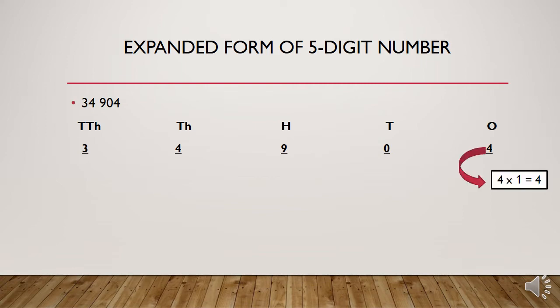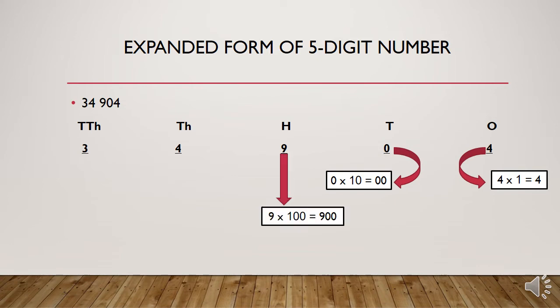For the ones column, 4 is placed there, so 4 multiplied by 1 gives us 4. 0 lies in the tens column, so 0 multiplied by 10 gives 0. 9 lies in the hundreds column, so it gives 900 when 9 is multiplied by 100. 4 multiplied by 1000 gives 4000 since it lies in the thousands column.